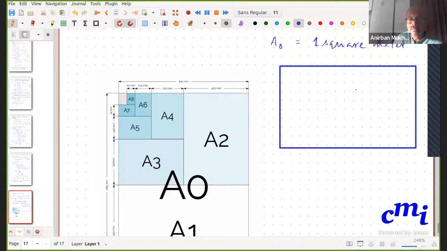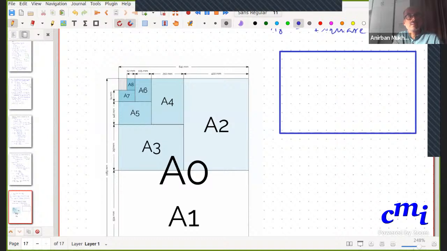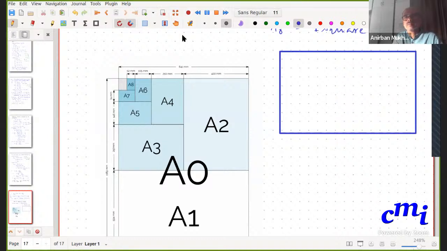So all these papers are rectangular. And the idea is that we are going to cut it into half. But when we cut it into half, the ratio of the sides should remain the same.